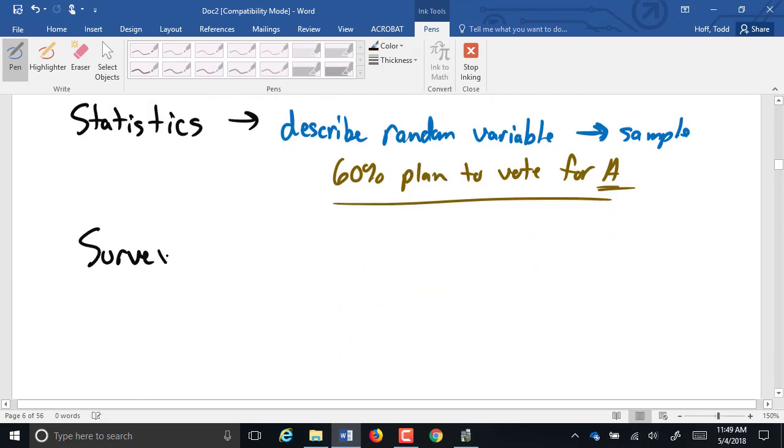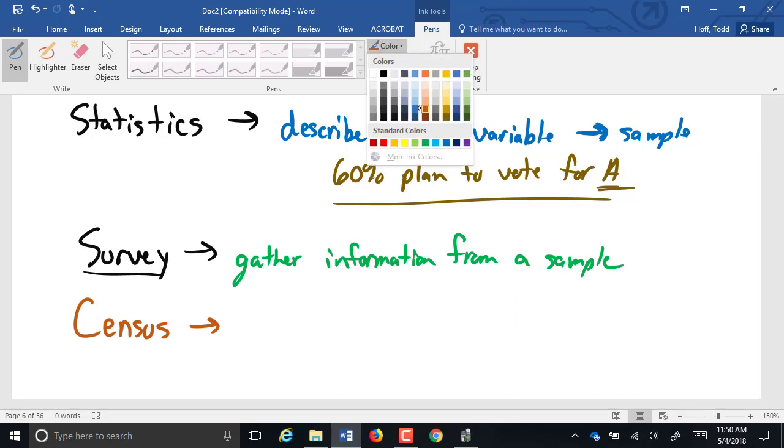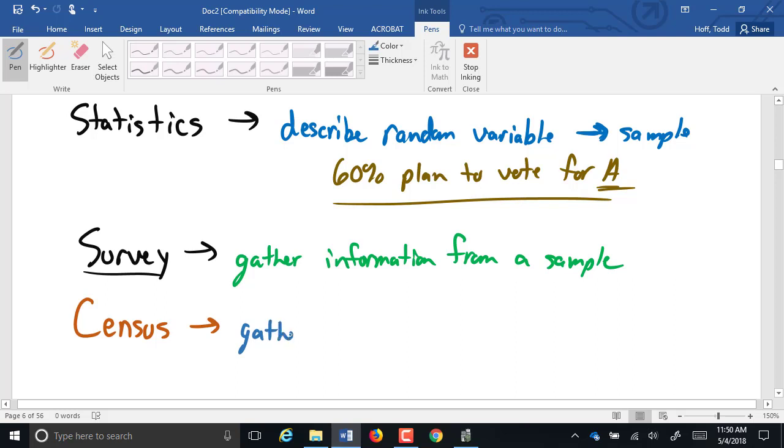A survey is used when gathering information from a sample. Then the word that you're probably starting to hear bounce around a little bit now, because it's going to come up in 2020, is a census. A census is an attempt to gather information from a whole population.